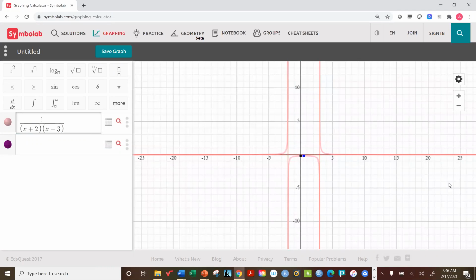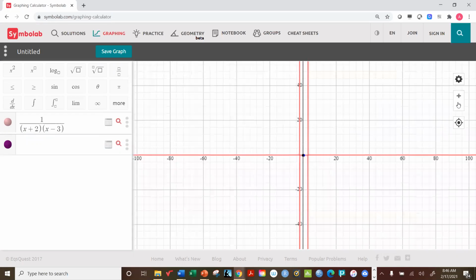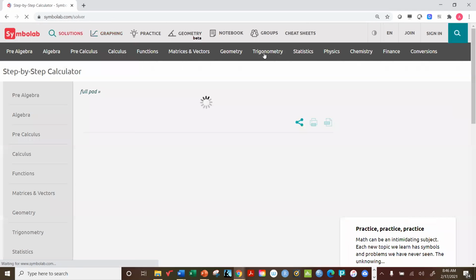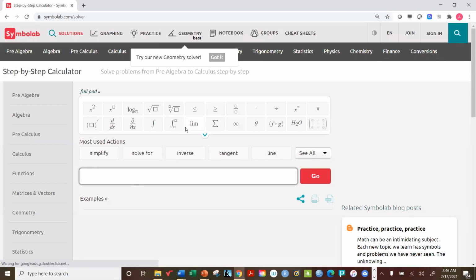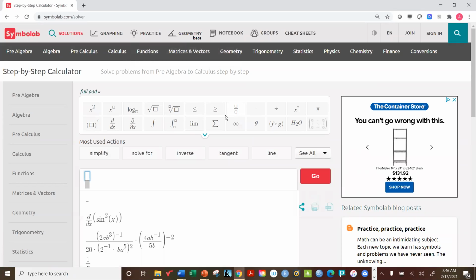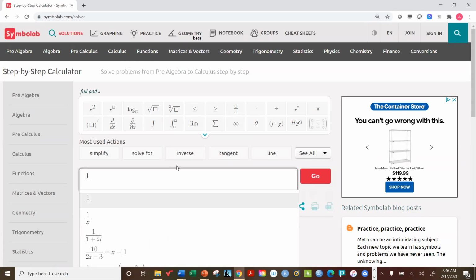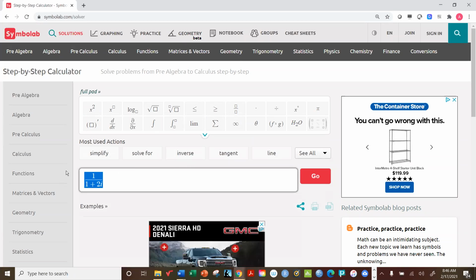Let's see if we can get in a little closer. Let me do this. I think it does a better job on this page.